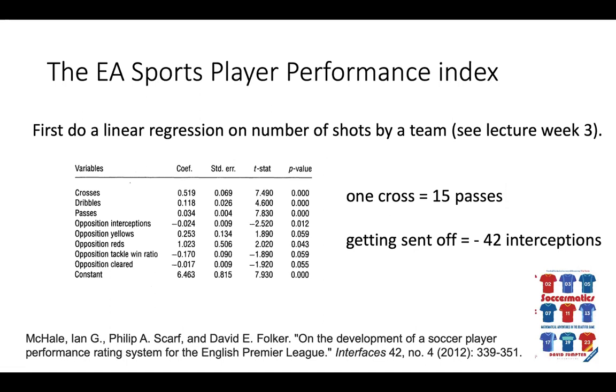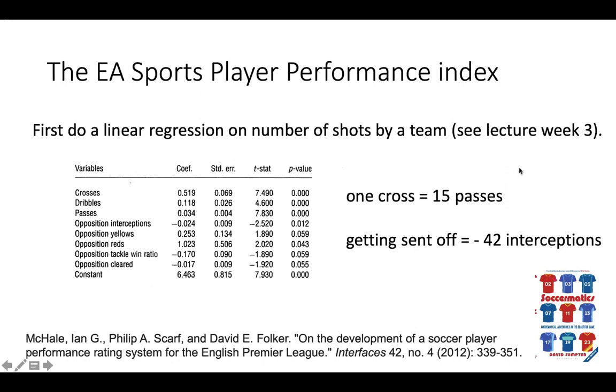But what Ian McHale and his colleagues wanted to solve was, well, how can we actually make this fair? How can we really assess what the players do, which aren't goals and assists, and value those things? So the first thing they did is they did a linear regression on the number of shots by a team.